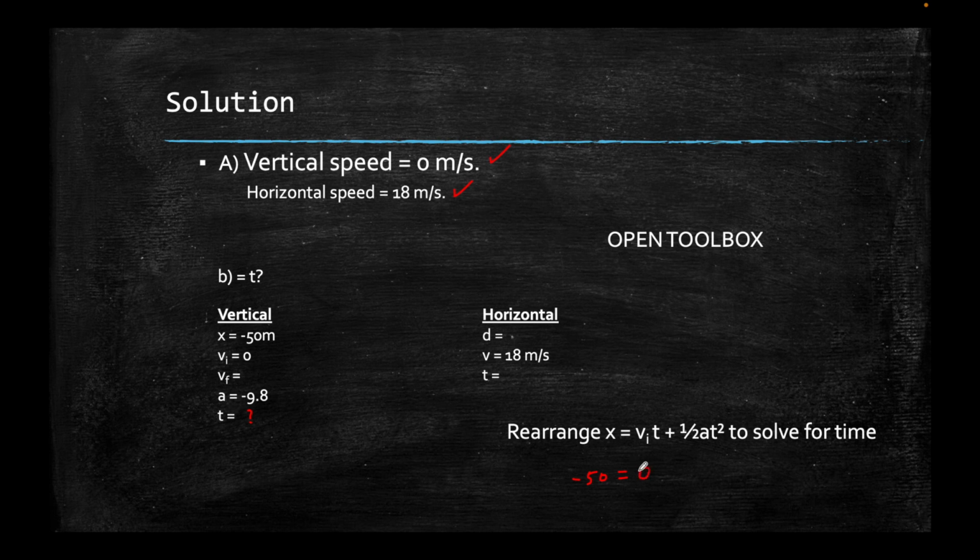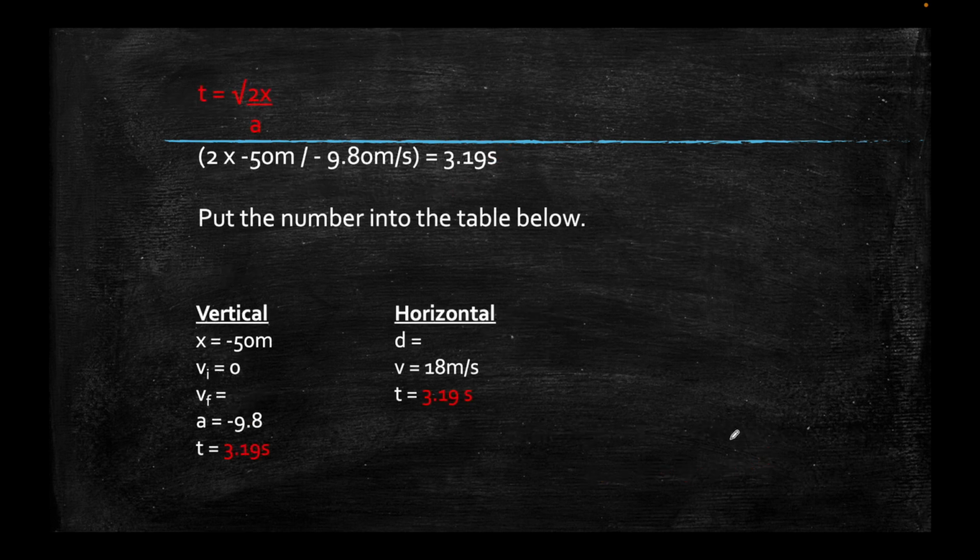Anything multiplied by 0 will be 0, plus, I don't even need to write it, a half A, which is negative 9.8, so I could have just put a minus there if I wanted to, doesn't matter. Minus 9.8 multiplied by T squared. You will do alpha X, or alpha any of the letters that you have, and then you will square it. You press Shift Calc 0 equals, and then you will get your answer. I'm going to make a little video on that as well to show you how to do that.